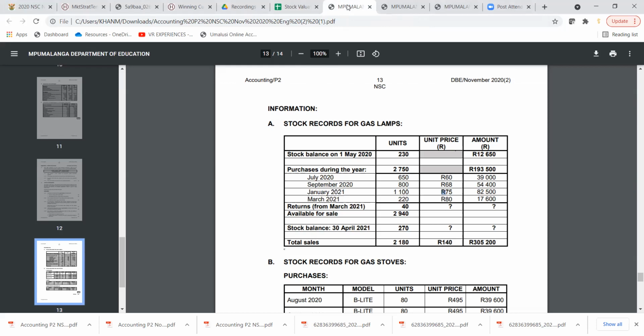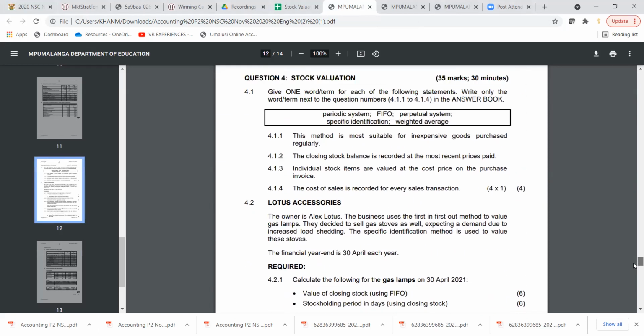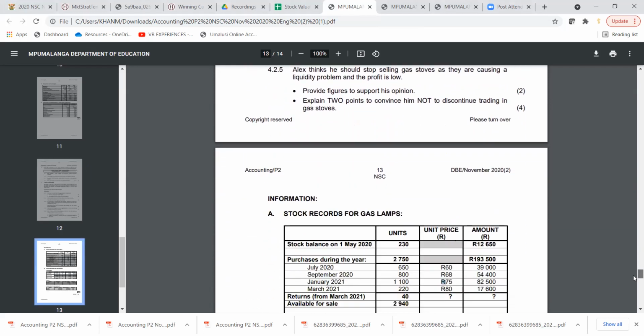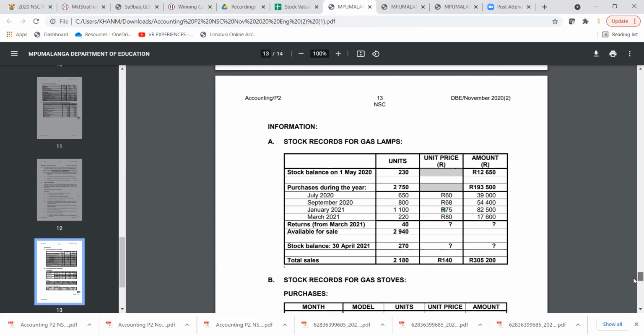I just want to see the question number, 4.2.1, closing inventory.